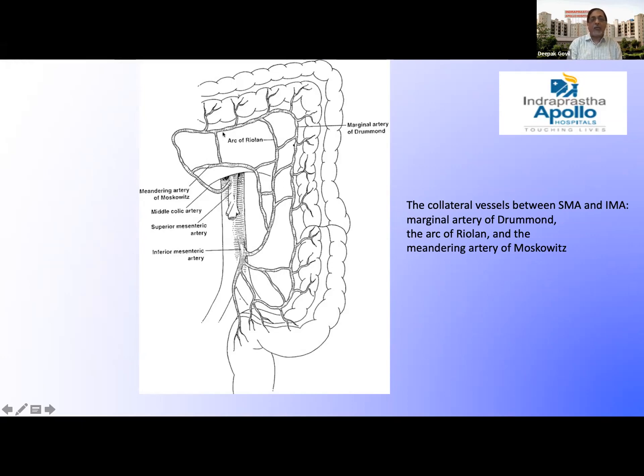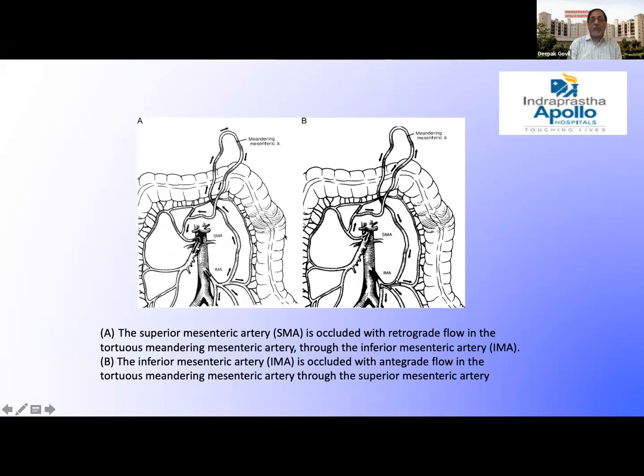Then this is the arc of Riolan, which is also a common site from where the superior mesenteric artery can have a collateral circulation with the inferior mesenteric artery. And then also there's a meandering artery of Moskowitz, which sometimes has a relation with the right part of the middle colic and goes into the left colic vessels.